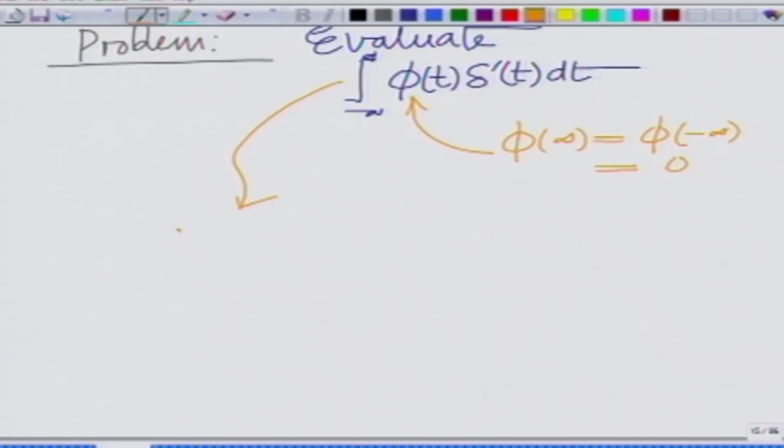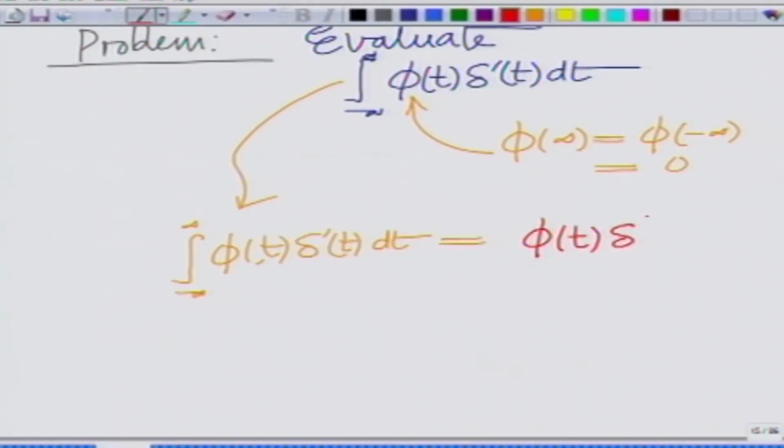So, the integral of phi of t delta prime t dt is equal to, integrating by parts, integrate delta prime t to get delta t.